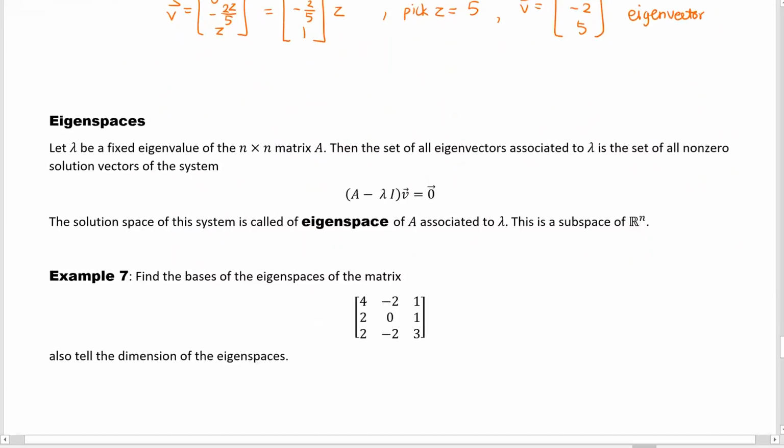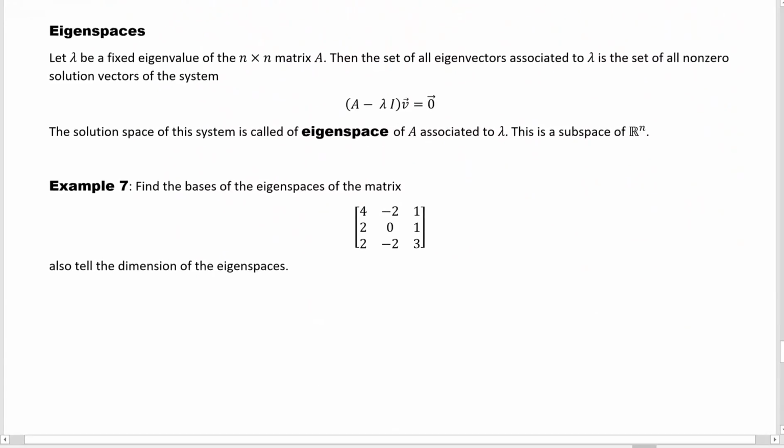Next, eigenspace. Let lambda be a fixed eigenvalue of the n by n matrix A. Then the set of all eigenvectors associated to lambda is the set of all non-zero solution vectors of the system A minus lambda I times v equals 0.